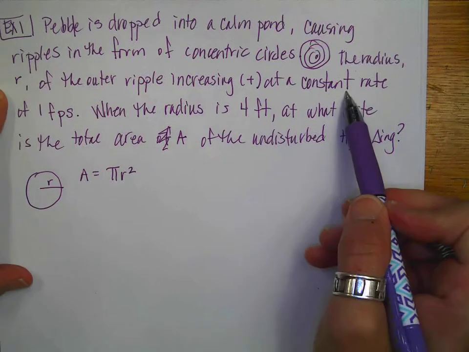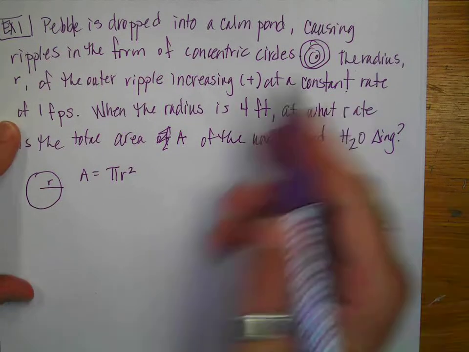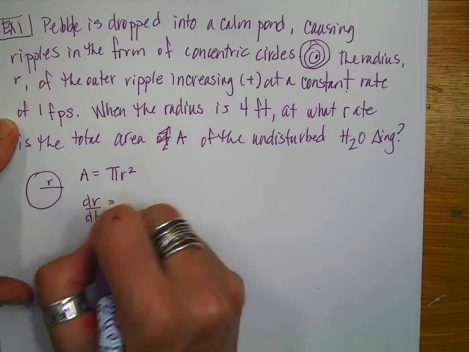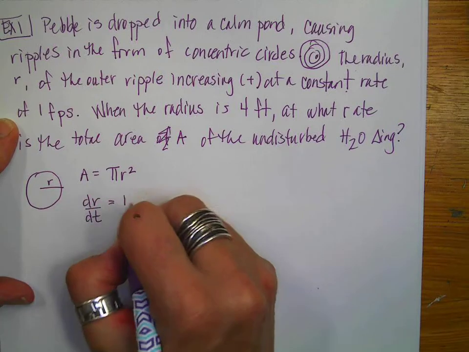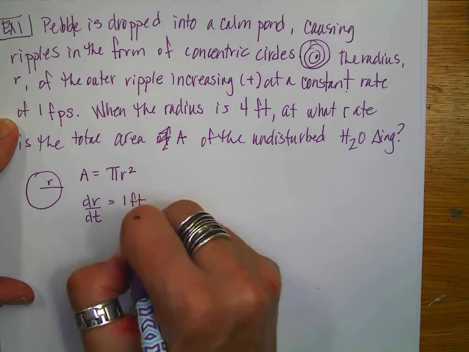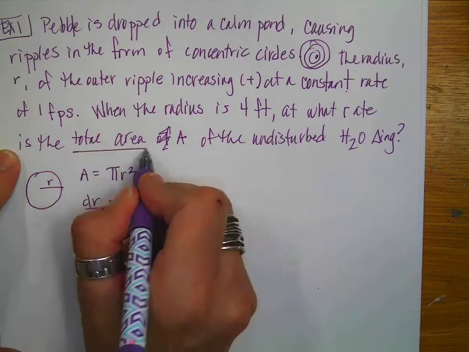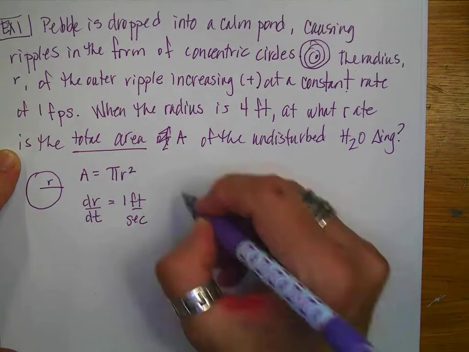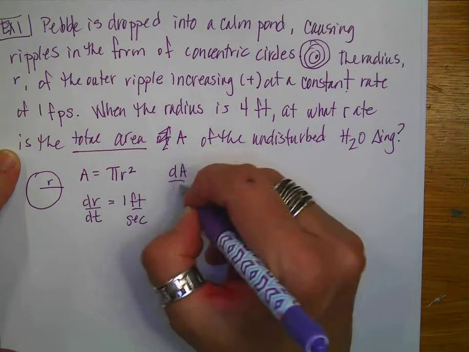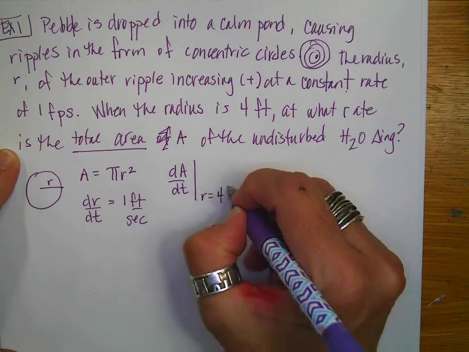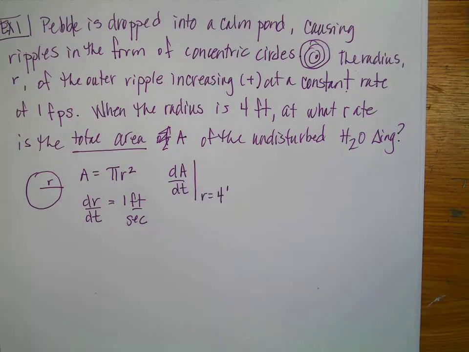So we're told that the radius is increasing at a constant rate. So dr/dt, the radius with respect to time, is going to be changing at 1 foot per second. And it says at what rate is the area changing? So I want to find dA/dt when the radius is equal to 4 feet.